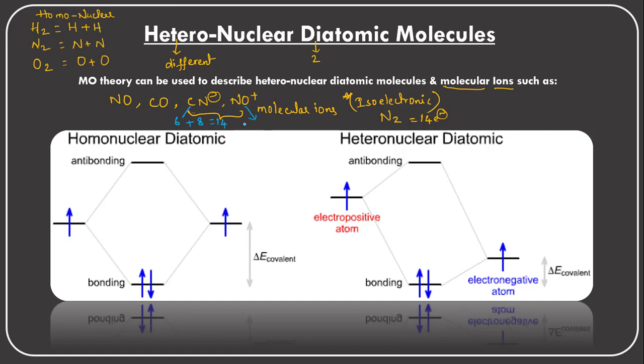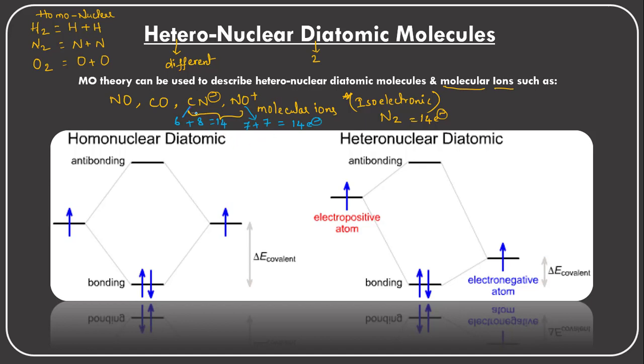And for the nitrosonium ion also, nitrogen has 7 electrons plus oxygen. Actually, the atomic number of oxygen is 8, and 8 electrons should be present in the oxygen. But how many electrons are there? By losing one electron, it is carrying a positive charge, that means it has lost one electron. So oxygen has 7 electrons, and 7 plus 7 will be 14 electrons.